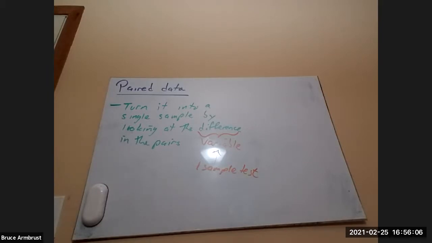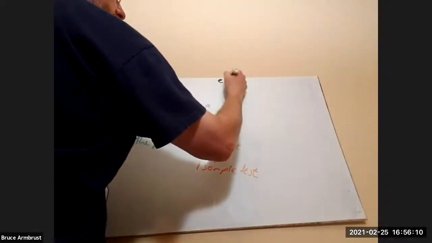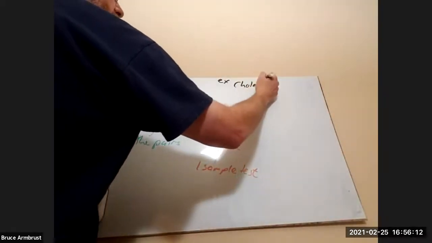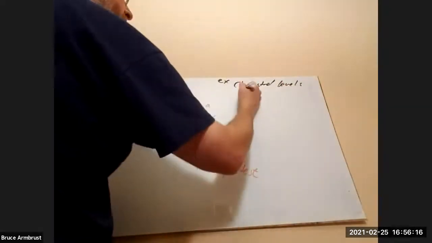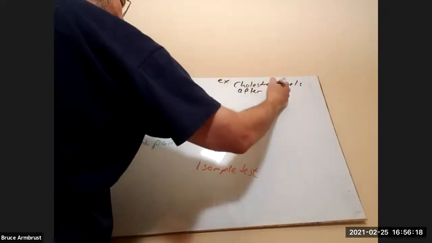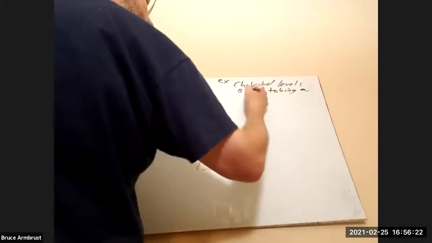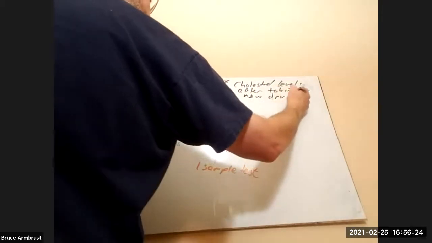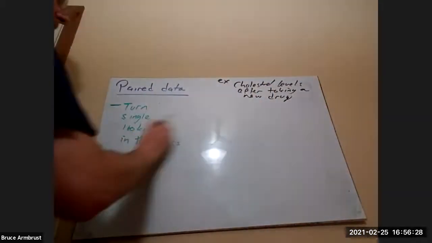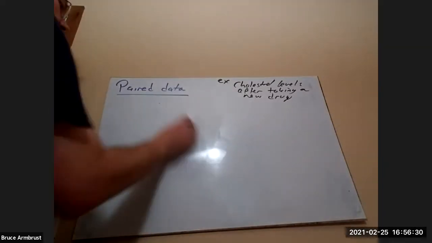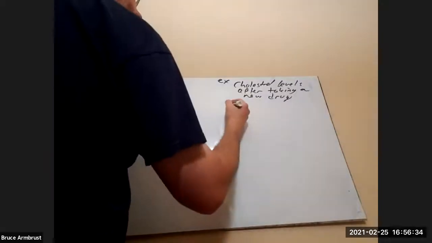All right, so for this one, let's say this is what we've got. We're looking at cholesterol levels after taking a new drug. All right, so in this, let's say we've got 6 people.